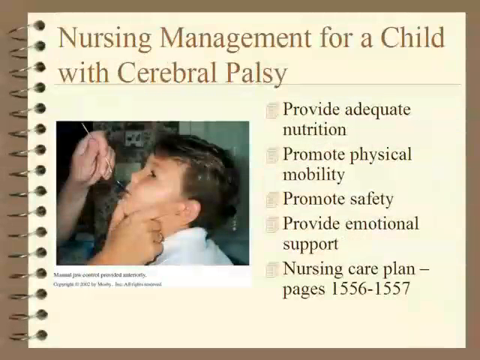Just a few things to think about in general with nursing care for a child with CP. I put nutrition on there again because we said earlier that a lot of times swallowing difficulties are very common in children with CP. So what are some specific interventions we could employ in this situation?